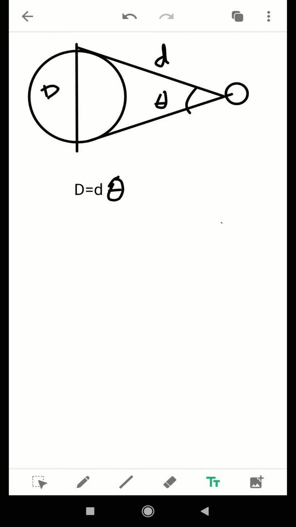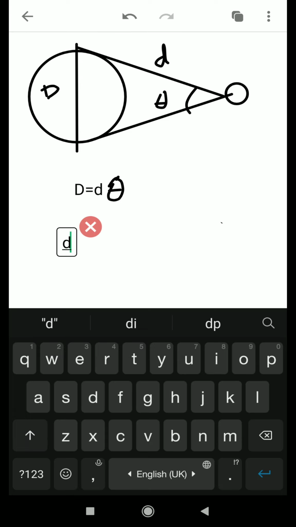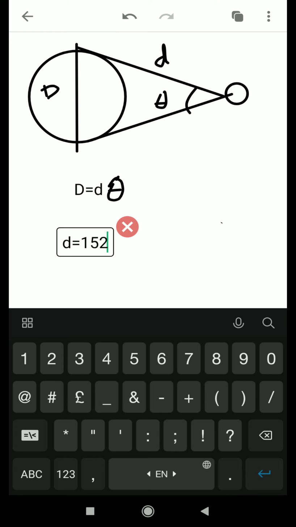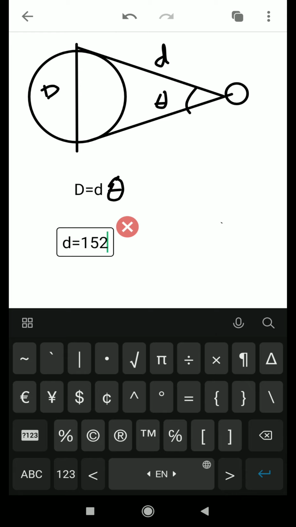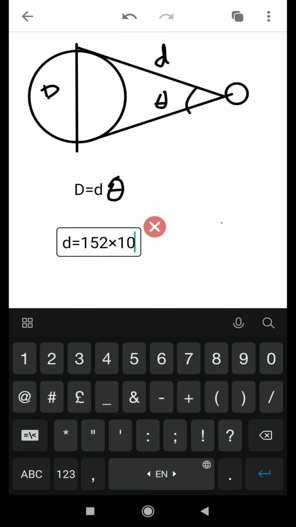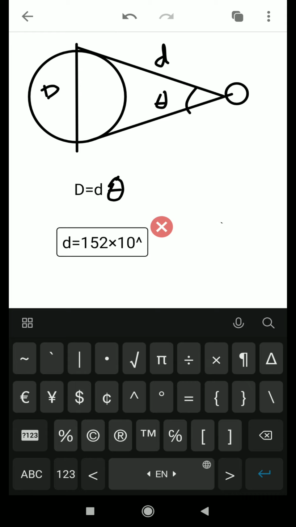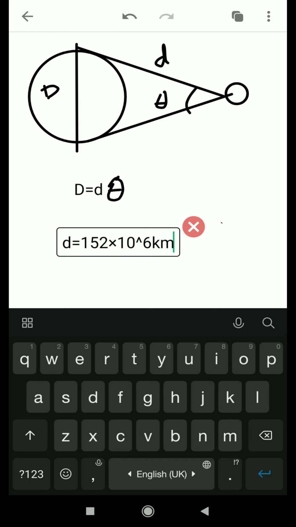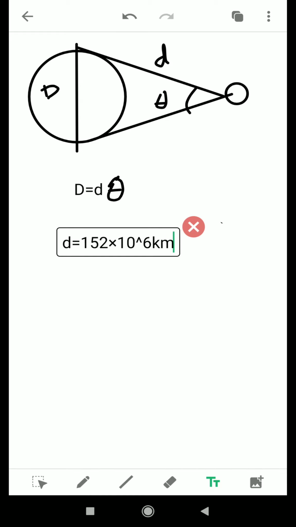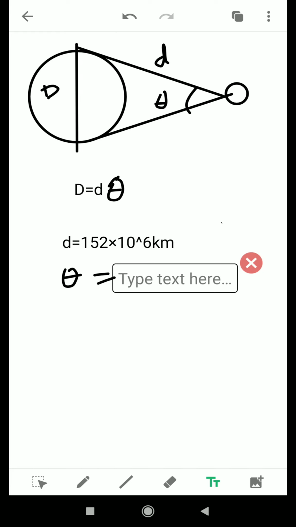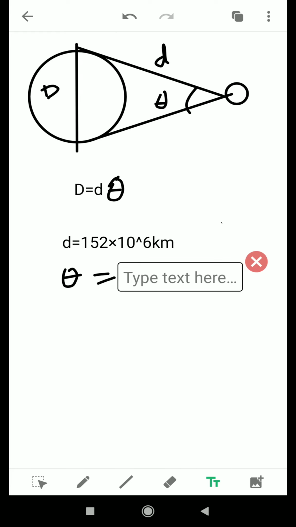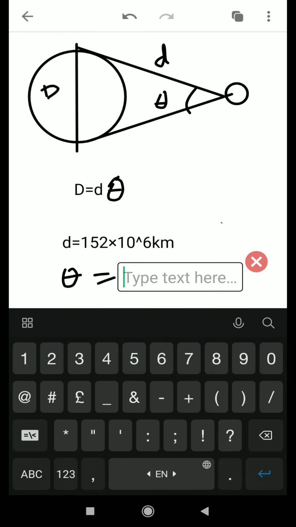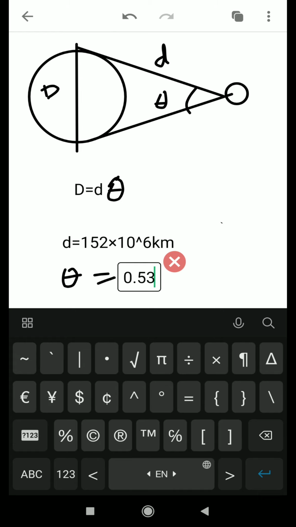The value of small d is 152 into 10 to the power 6 kilometer, and the angle theta equals 0.53 degree.